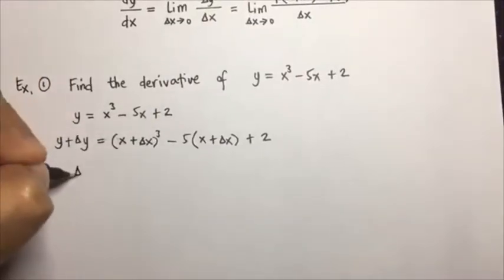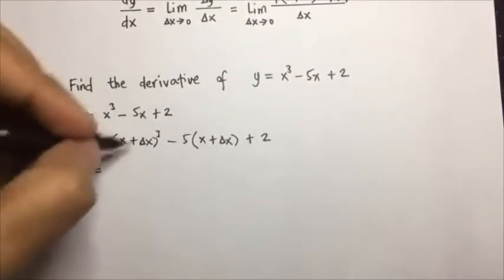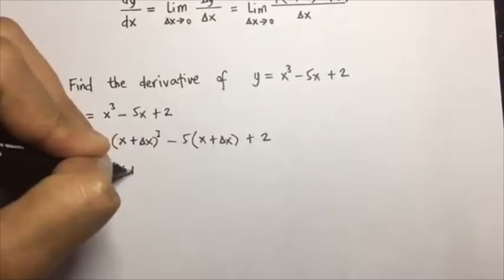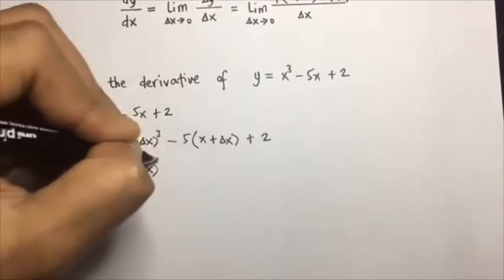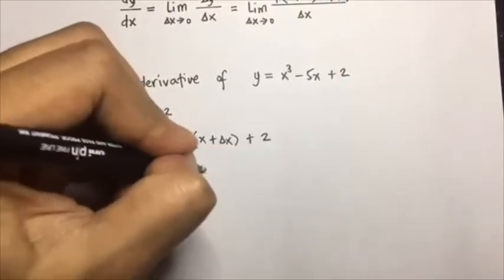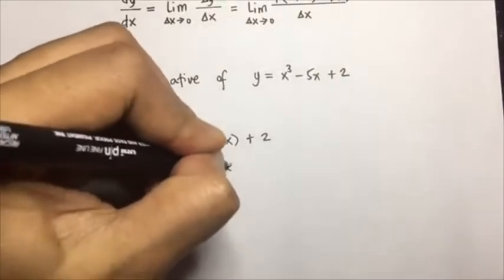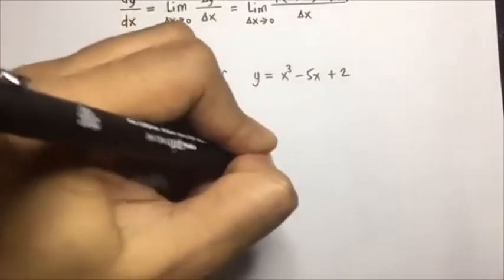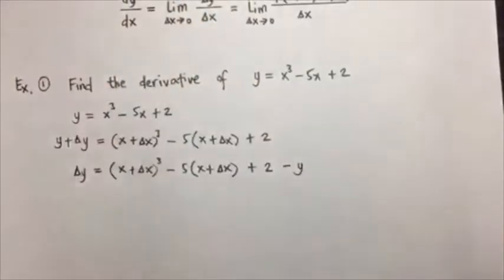So delta y is equal to (x plus delta x) cubed minus 5 times (x plus delta x) plus 2 minus y.